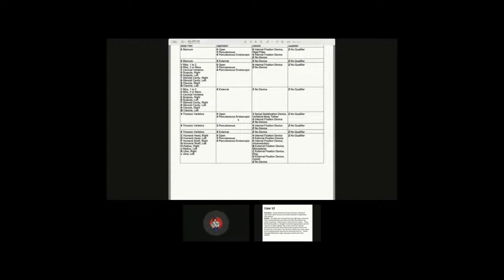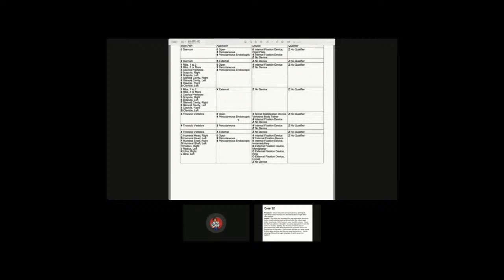All right, so for the ulna, we are still in table 0PS. K for the right ulna. Now, this procedure was done externally. They didn't do any pinning to it.